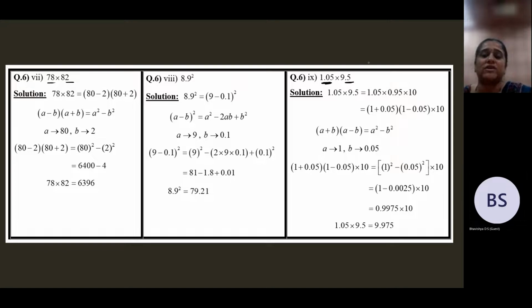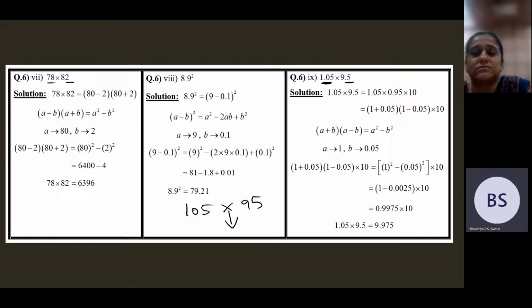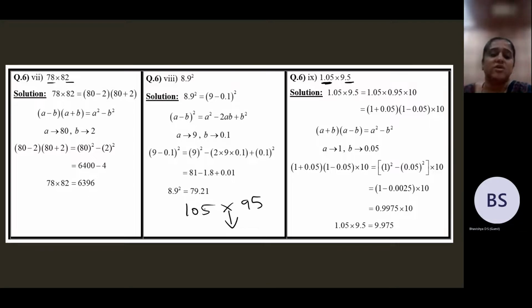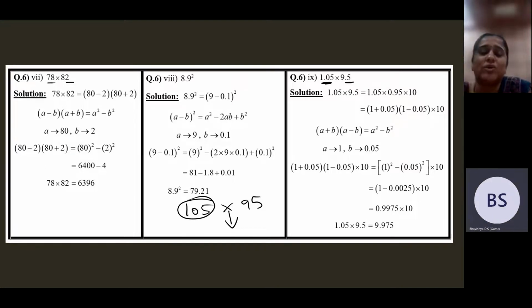If it was 105 and 95, what is the number between 105 and 95? 100, ma'am. Correct, 100. So how will you write 105? 100 plus 5. And how will you write 95? 100 minus 5.